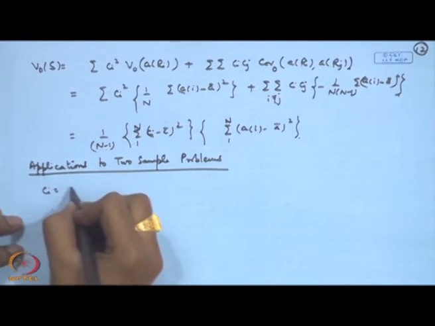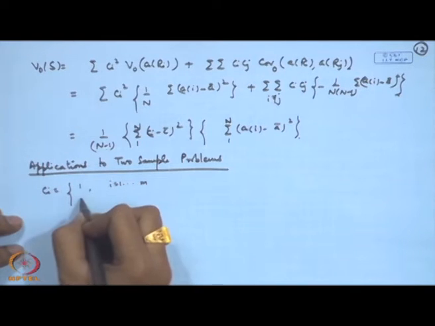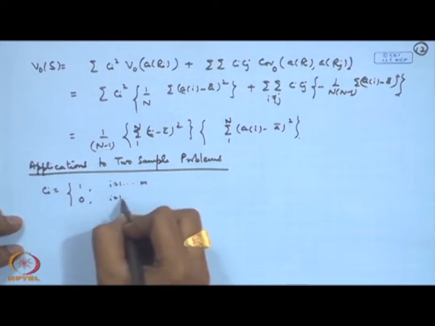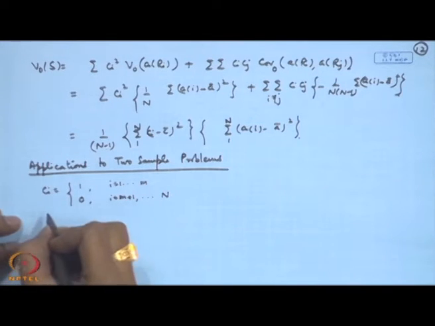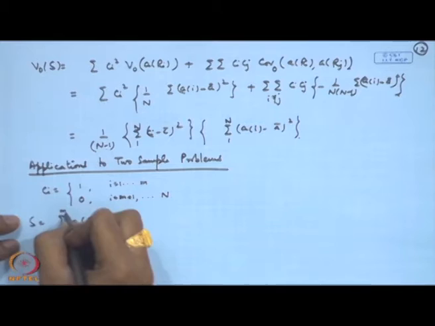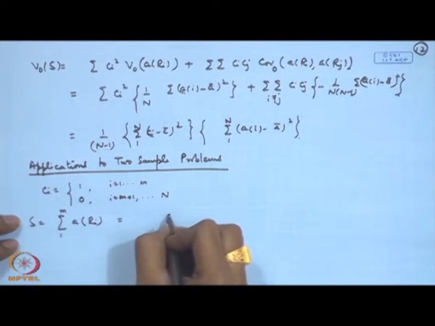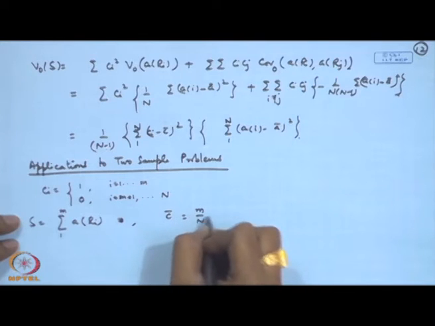Let us consider, say, C_i is equal to 1 if i is equal to 1 to m, and it is equal to 0 for i is equal to m plus 1 to n. Then S is equal to sigma A of R_i, 1 to m, and C bar is equal to m by n.